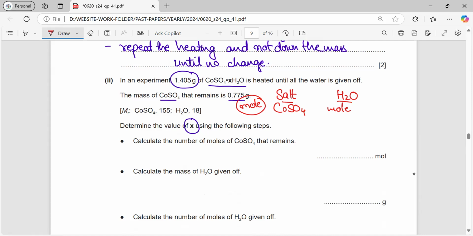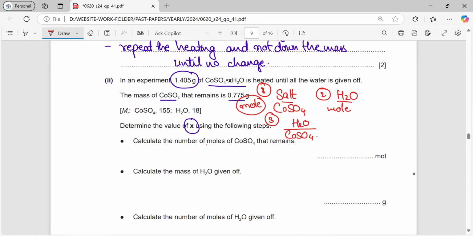And then we'll divide the moles of water by the moles of salt. So we'll do H2O divided by cobalt sulfate moles. So these are the three steps which we use to find out the value of X of any substance. Find out the moles of the salt, moles of the water, and then divide.